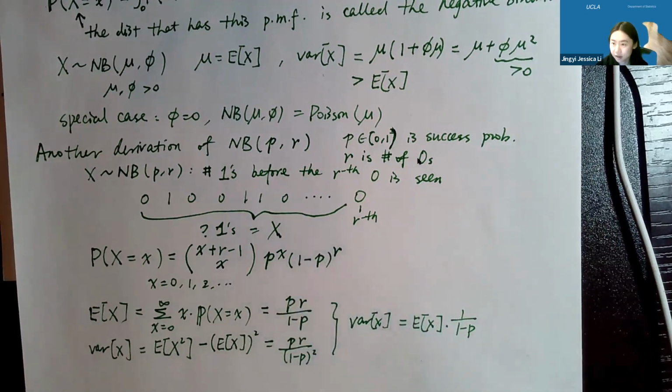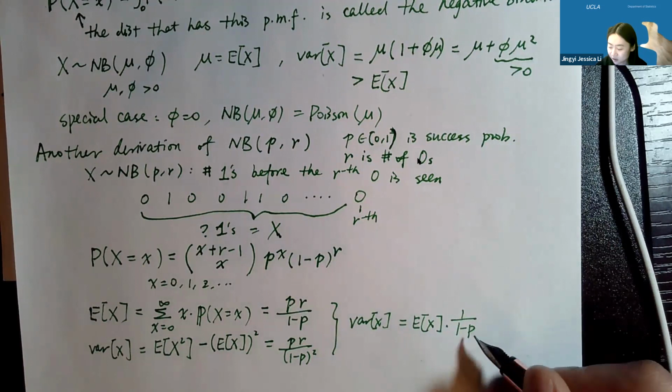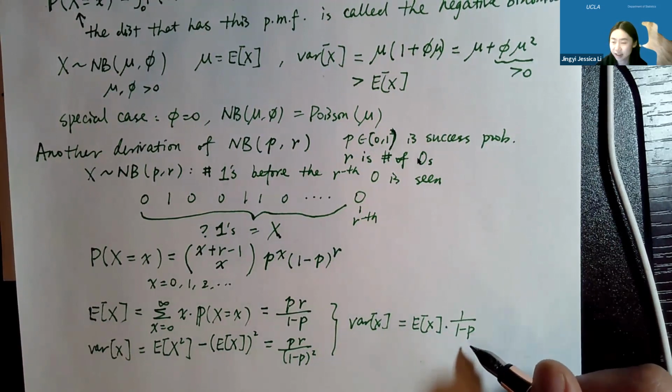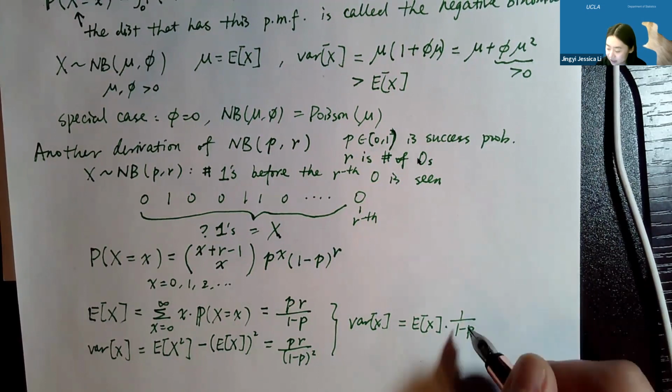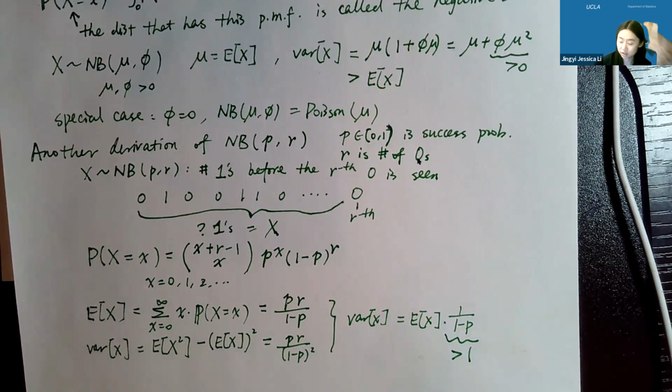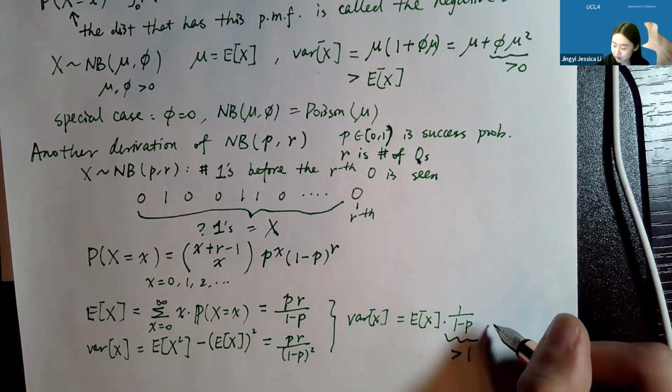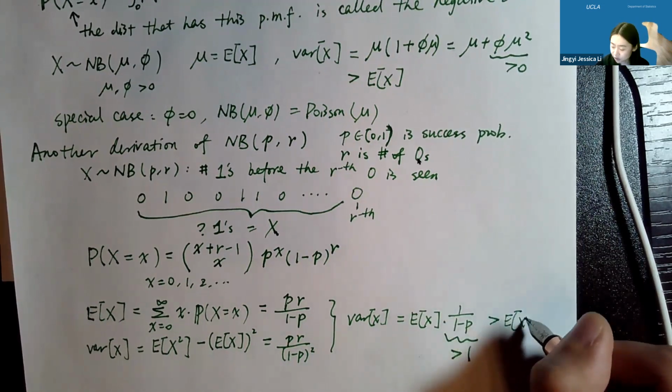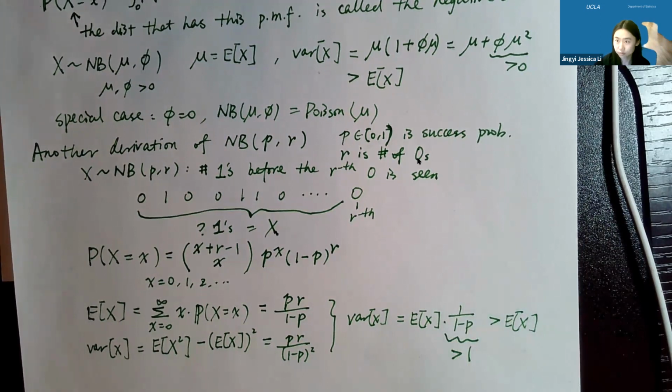That will never happen. So p must be less than 1, and we don't have this dividing by 0 issue. And with p less than 1, we can clearly see that this term is larger than 1. So that's why this variance is larger than the expectation, which is, again, what we expect and what we want.